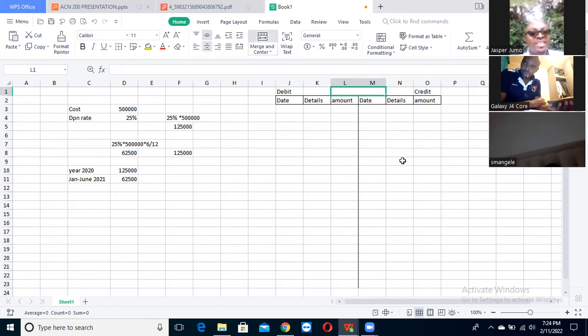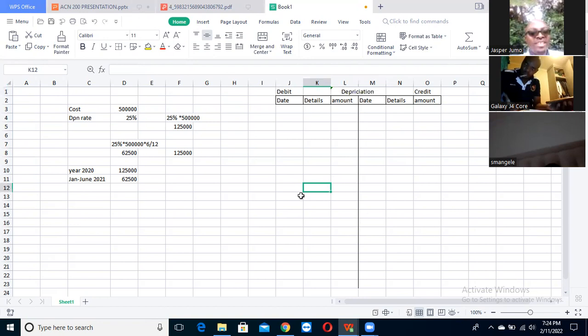And then in the middle here, we put the name of the account. So when we want to record to the ledger, we always have 2 ledger accounts for each transaction. That's to complete the double entry concept. So the first account that we have here is obviously the depreciation account.